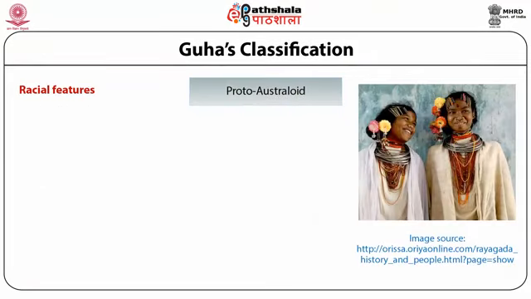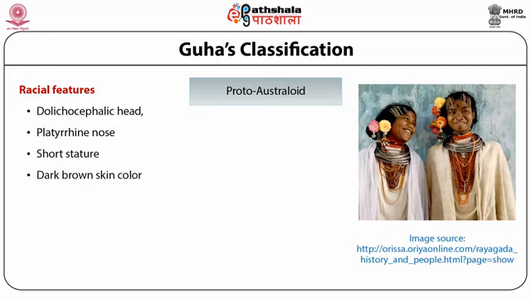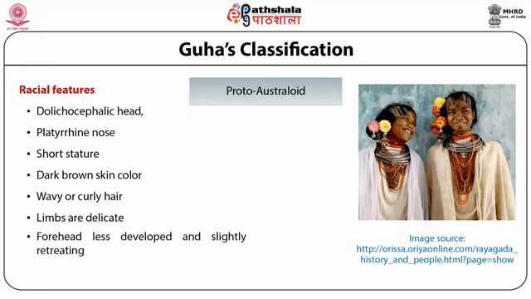The Proto-Australoid type is characterized by a dolichocephalic head, markedly platyrrhine nose which is depressed at the root, short stature, dark brown skin color, and wavy or curly hair. Limbs are delicate, forehead less developed and slightly retreating. Supraorbital ridges are often prominent. They are closely akin to the Australian tribes.